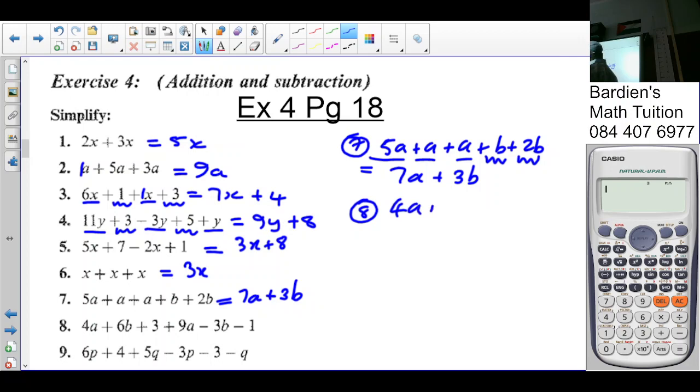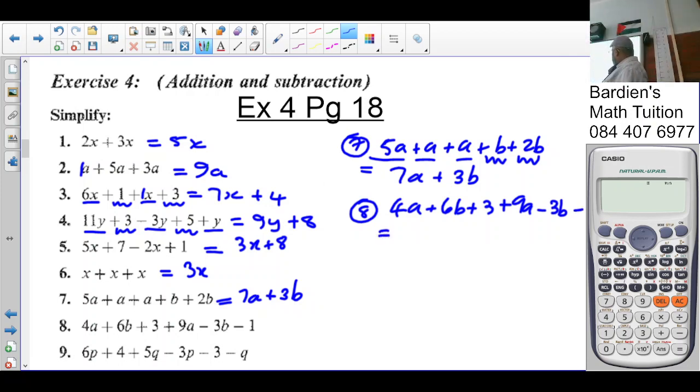You got 4a plus 6b plus 3 plus 9a minus 3b. Okay. The second row, you're in front. 13a plus 3b plus 2.